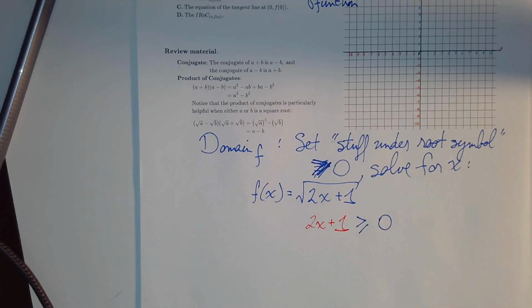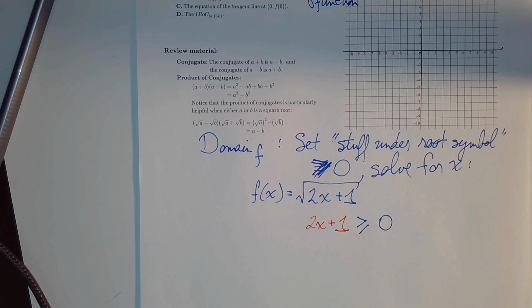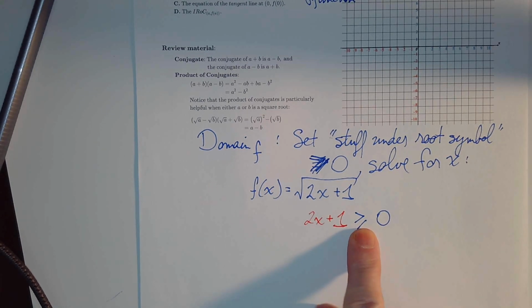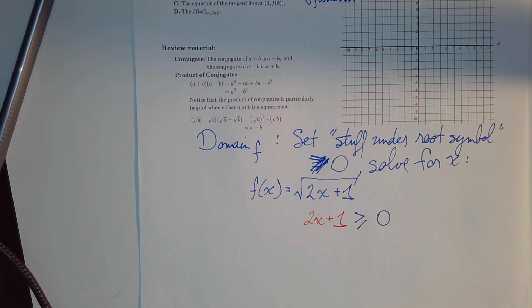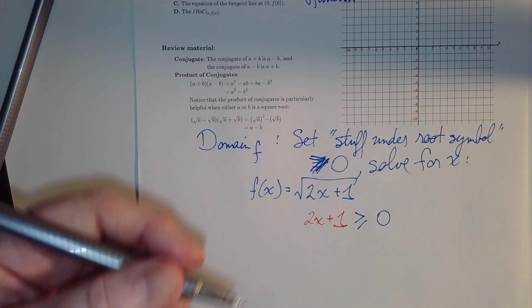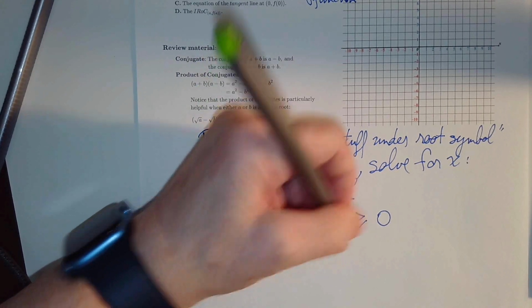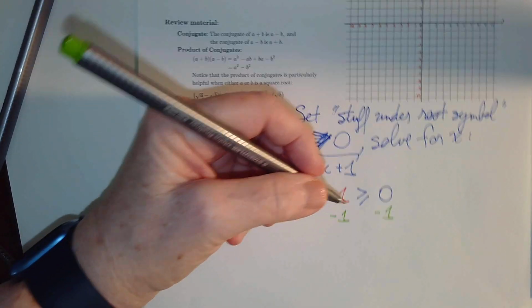And then we're going to solve it in much the same way that we solve equations. The only thing we have to be super careful of is if we multiply or divide by a negative number, then the direction of the inequality flips. But it's good that we're not going to do that. So we want to subtract 1 from both sides.